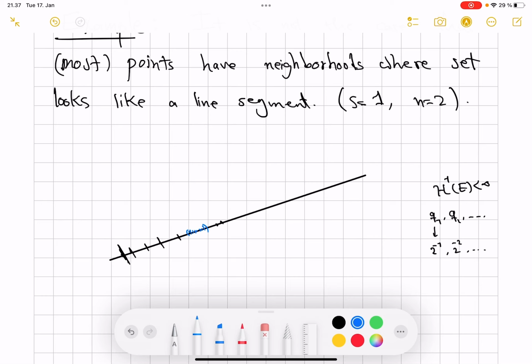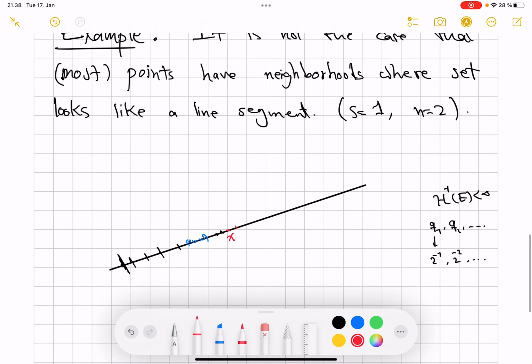The theorem says that for almost every point in the line, because you cannot ignore all the points here, you cannot say all these points are among the exceptional points, because H1 of this line is not 0, it's positive. So the claim of the theorem must actually hold for almost every x here. And on the other hand, we have that no matter how small a delta you take, there are branchings near there.